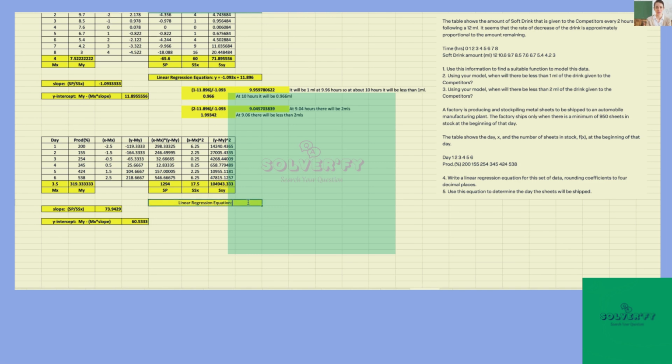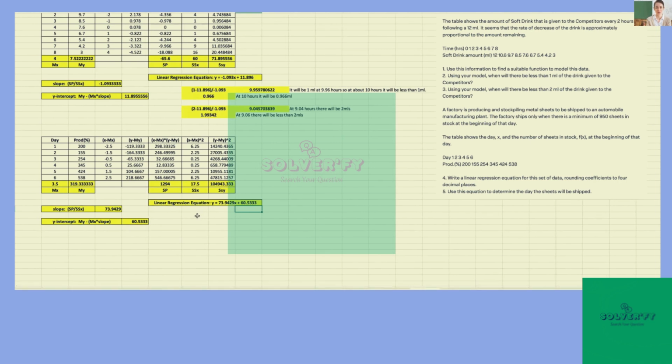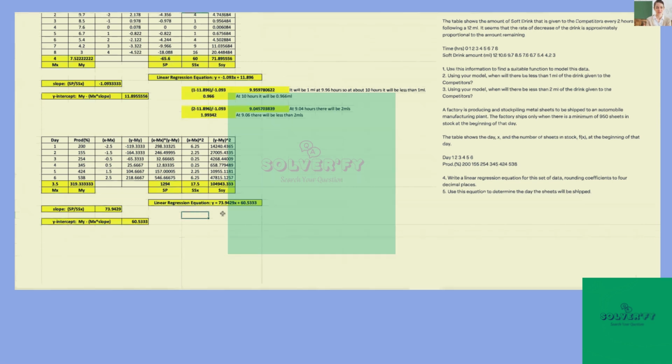So my linear equation is y equals 73.9429 x, and then plus 60.5333. Okay, and so then that's my linear equation. Use this equation to determine the day the sheets will be shipped. So at 950 sheets, we have to figure out.